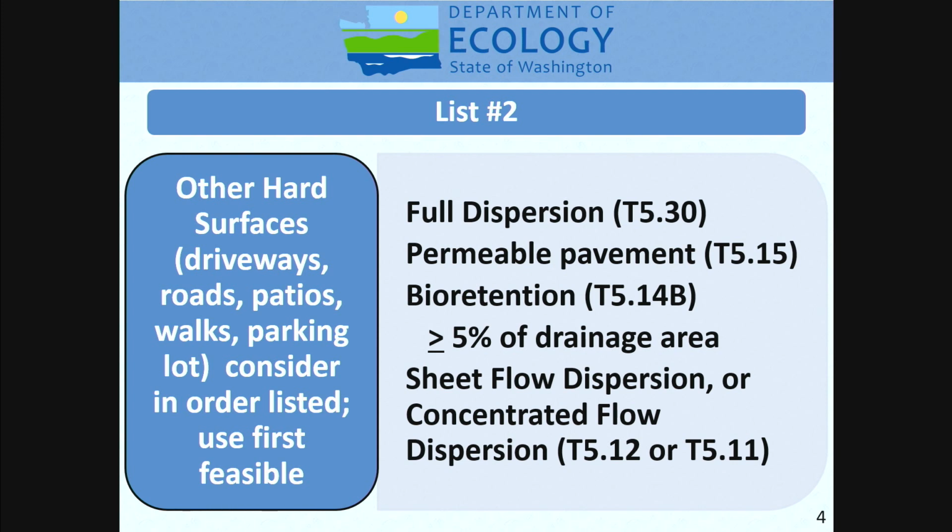The other way of doing it is the list option. That's where, if you only have to do minimum requirements 1 through 5, on a project smaller than 5,000 square feet, you have to do list number 1, and list number 2 is your second choice. You're told that you need to go down through this list in a step-by-step process and determine if each is feasible or not.